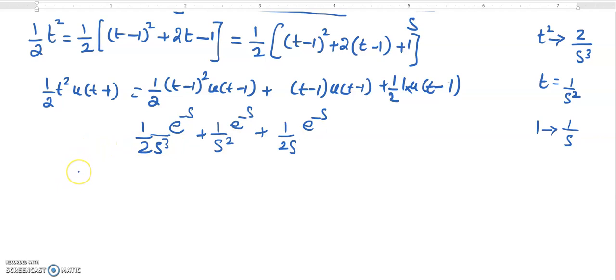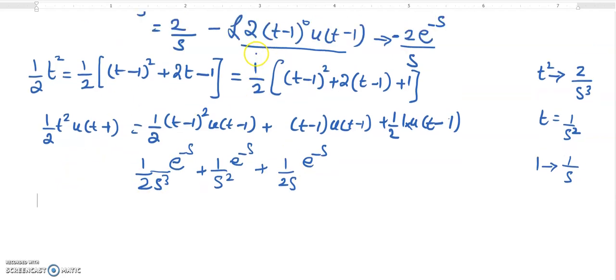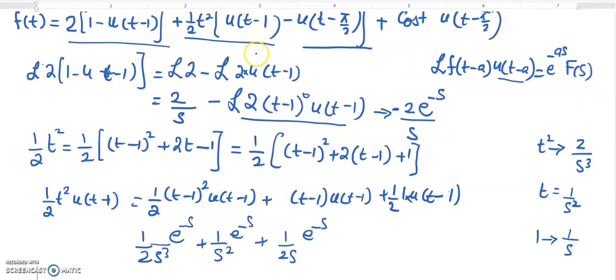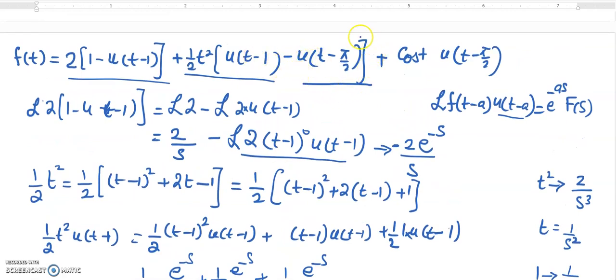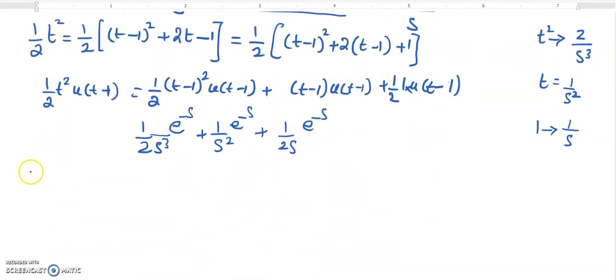Okay, so for the next term, which was this one, 1 over 2 t squared u(t minus pi by 2).